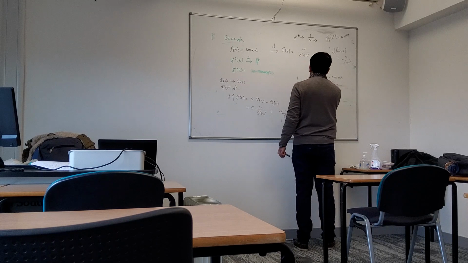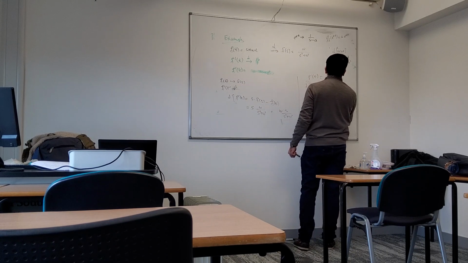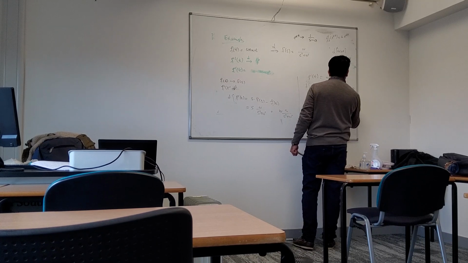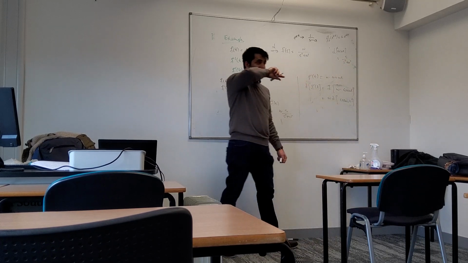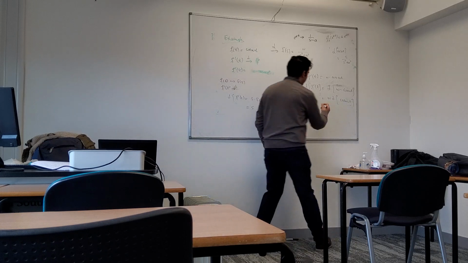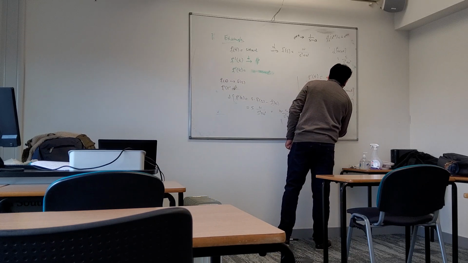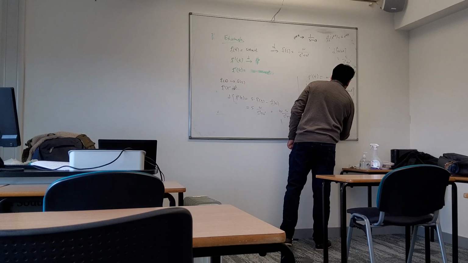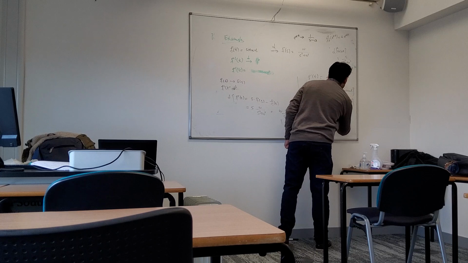The Laplace transform of omega cos of omega t, omega is constant, so it would be omega times the Laplace of cos of omega t. What is the Laplace of cos of omega t? s divided by s square plus omega square, so it would be omega times s divided by s square plus omega square.